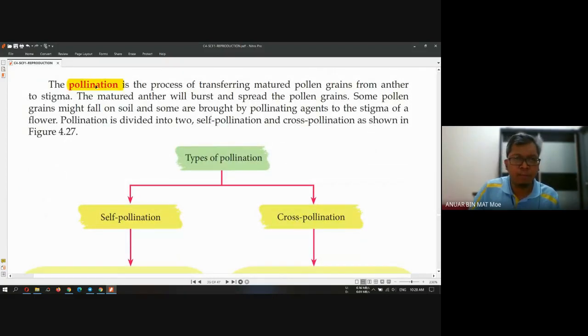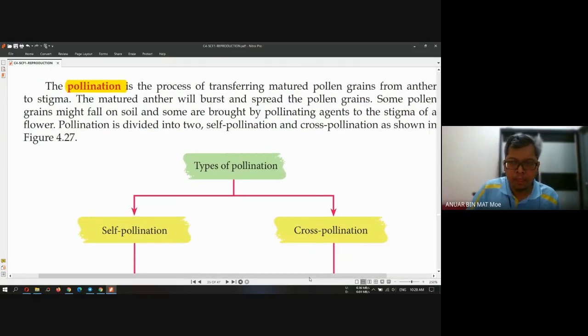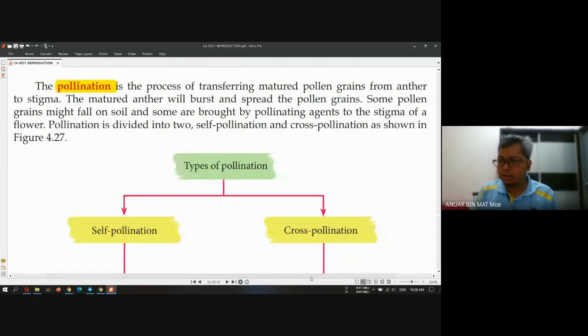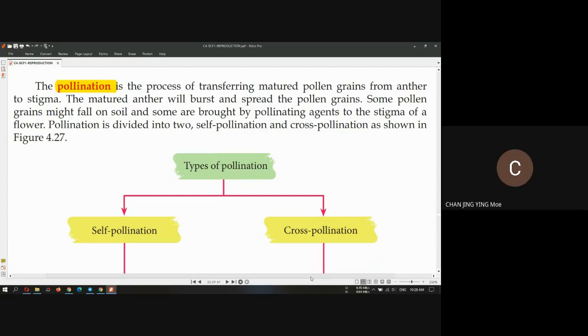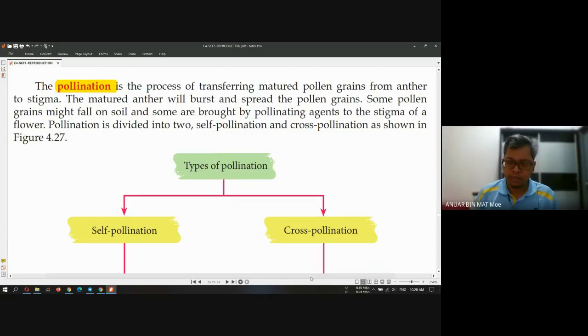Pollination. Again, what is pollination? In plants, before fertilization, do you still remember what fertilization is, class? Fertilization in humans must include what in male and what in female?